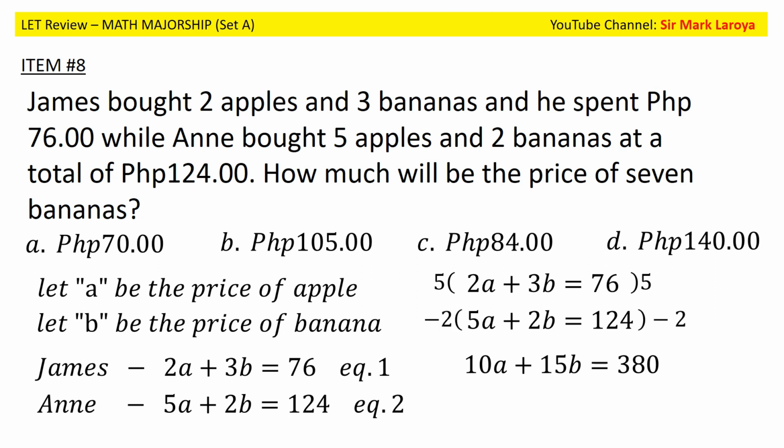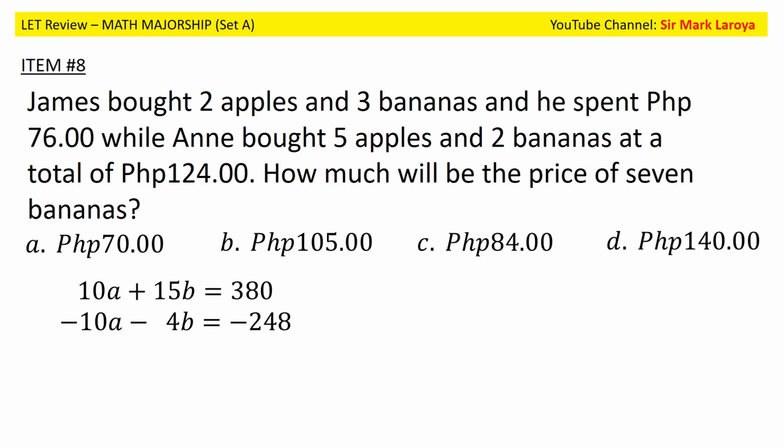As you can see, ang mangyayari dito kapag minultiply natin all sides or both sides of equation number 2 by negative 2, ang mangyayari do sa ating term na may variable a, it becomes negative 10a minus 4b equals negative 248.